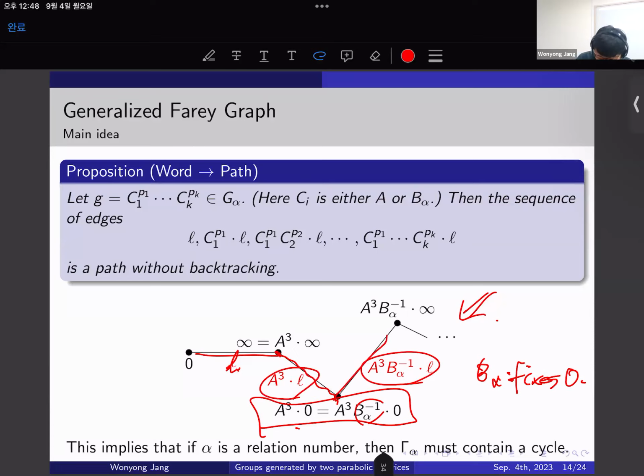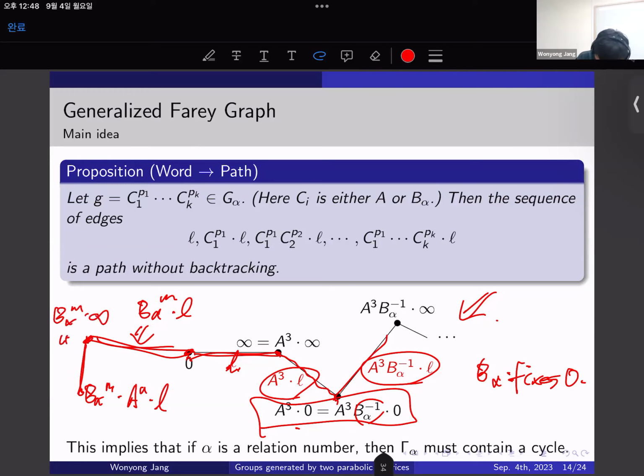And similarly, if the word begins with B alpha to some power, then these two geodesics meet at 0, and these two geodesics meet at some point at infinity, and these two are the same because A alpha fixes infinity.